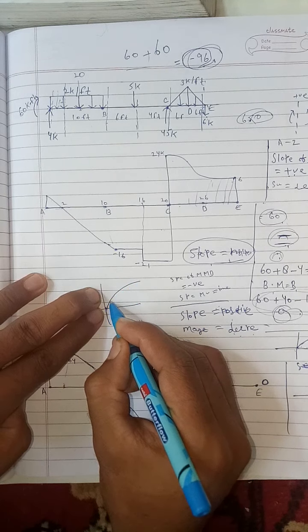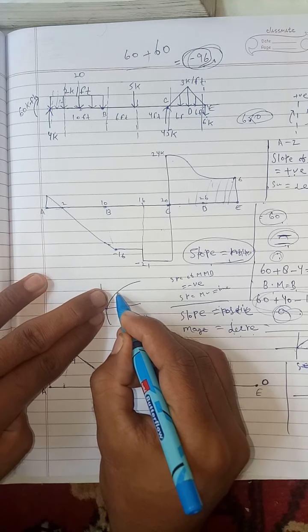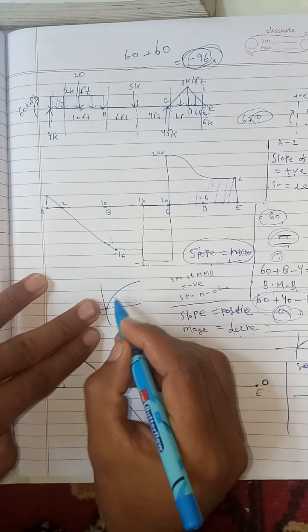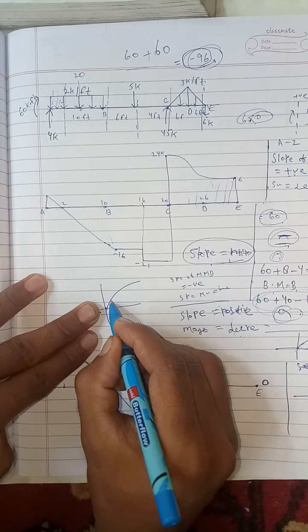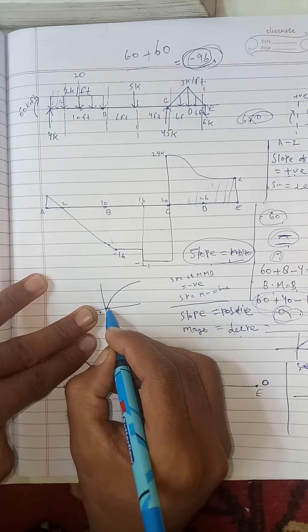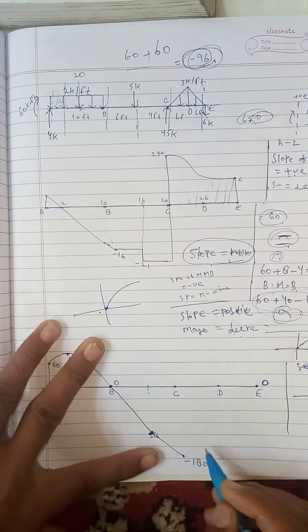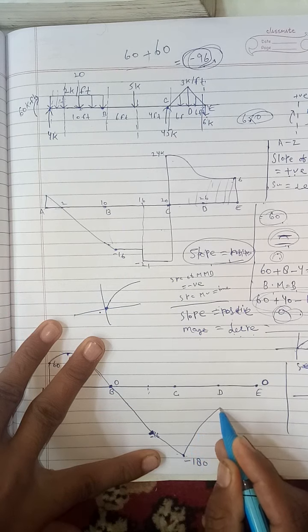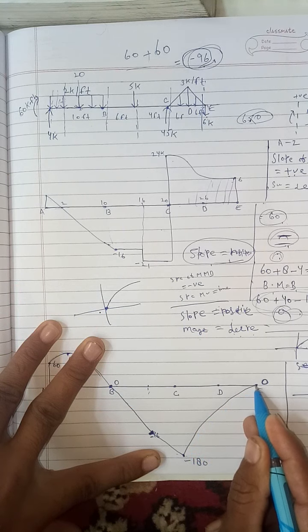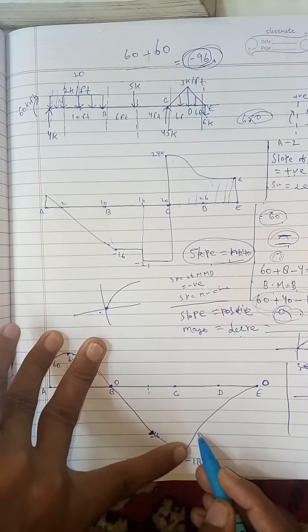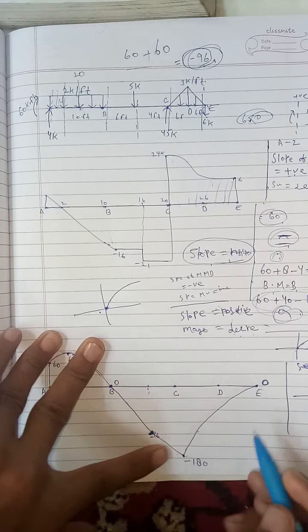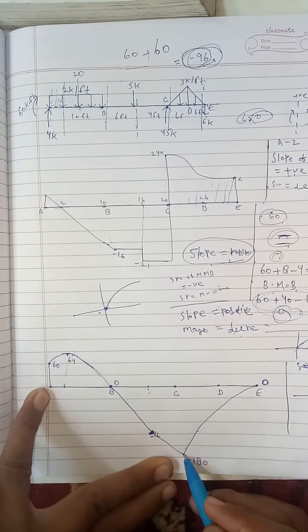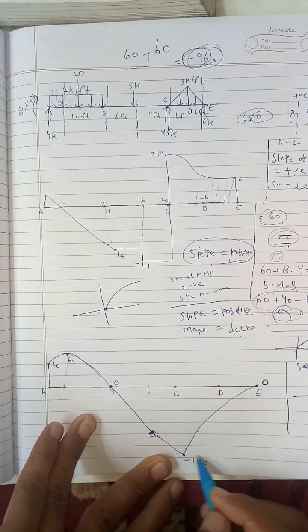Here the slope is more, then it is less inclined here, and less inclined here. This is in the first quadrant, so we will draw like that. So the slope is more here, lesser here, lesser here. You can draw like that, but the slope is positive.